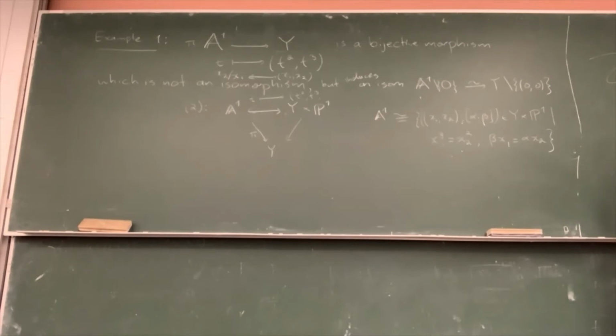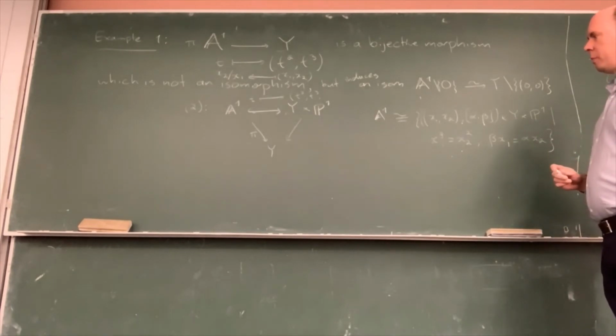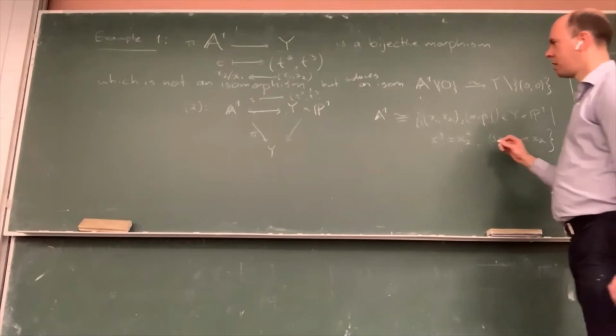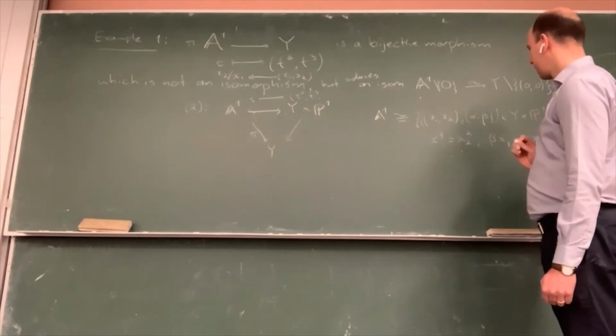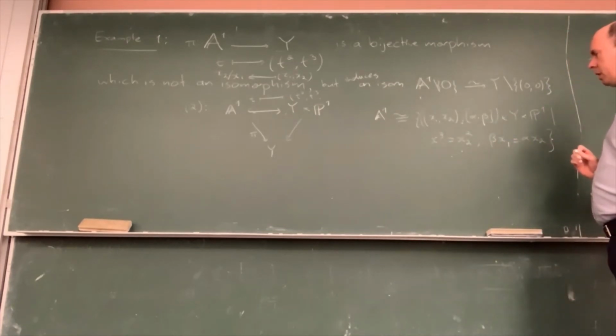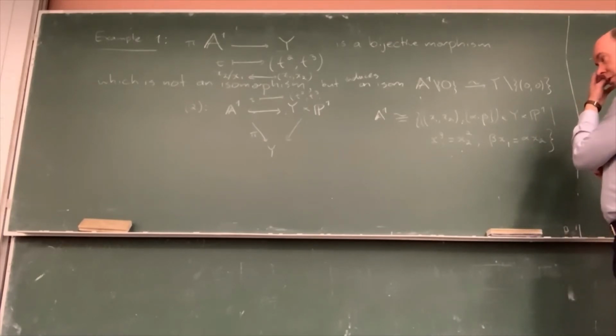No, but I don't want there to be a whole P1 above the 0 point. So what should I be doing? I should be putting an extra condition that at 0, 0 forces, say, alpha to be 0.